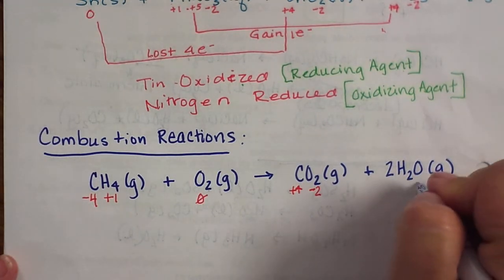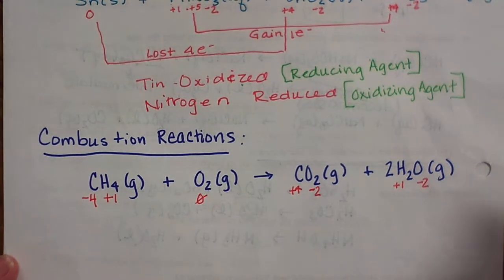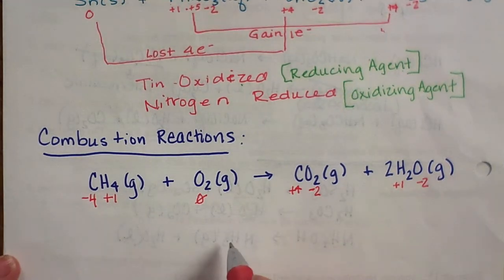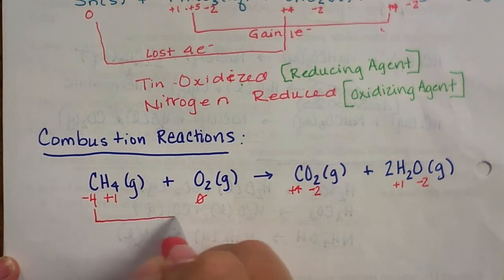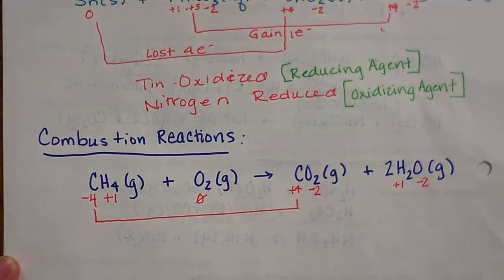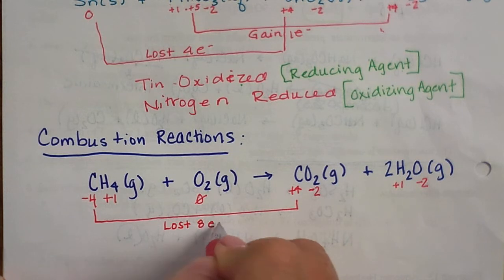Then we're going to go over here. Oxygen is -2 and hydrogen is +1. So looking here, what we see is that carbon has gone from -4 to +4. Carbon has lost 8 electrons.